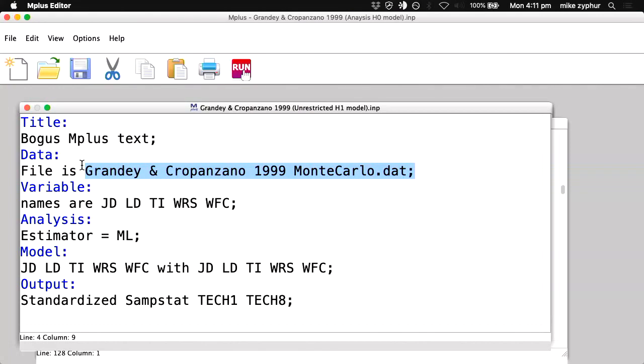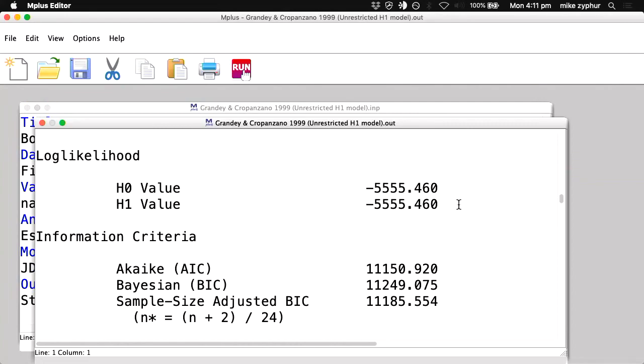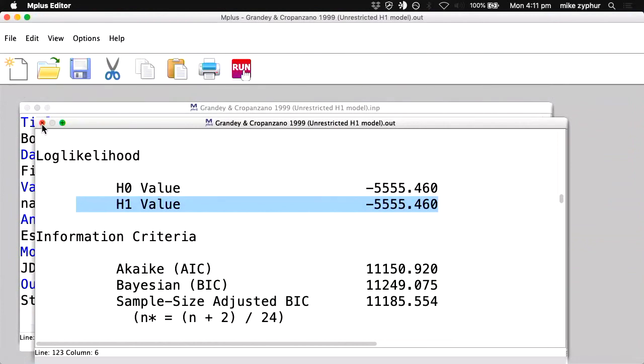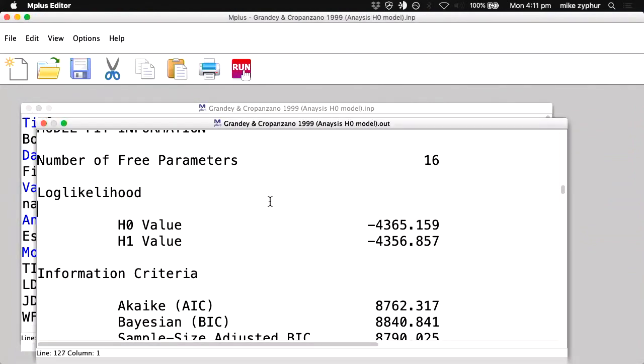But it doesn't matter. The whole point is that the saturated model, the best possible fit, if you estimate that, then these values H1 and H0 become the same because H1 is the best possible fit you can get. So just know when you're looking at your analysis model, let's go back to the other analysis input. Yeah, good question. I realized that too.